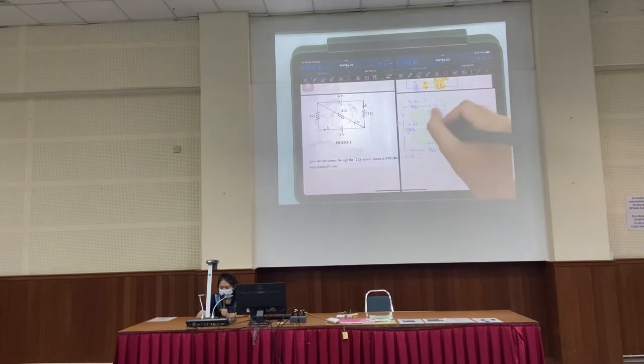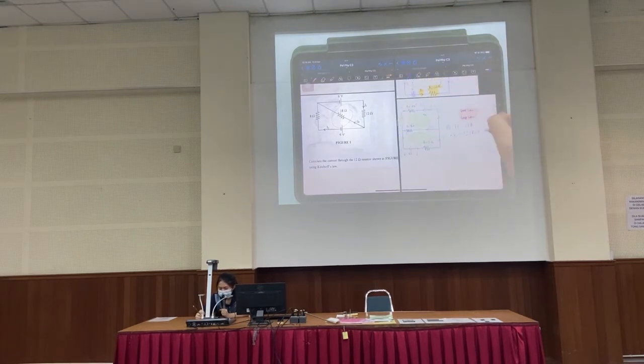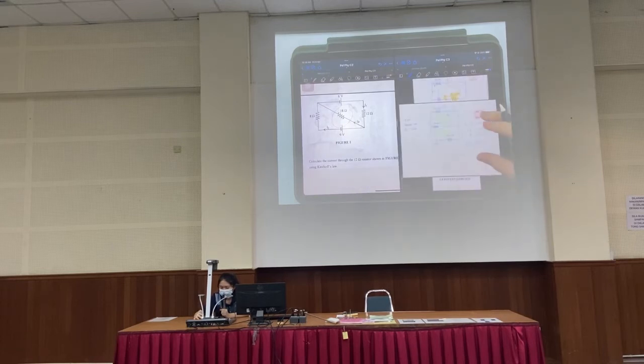The direction of the current I2 is to the left, and the direction of the loop is to the left too. Therefore, it will be a positive I2 times R2. So we simply substitute the values into it: 12I1 plus 18I2 equals 6. This is the second equation that we get.